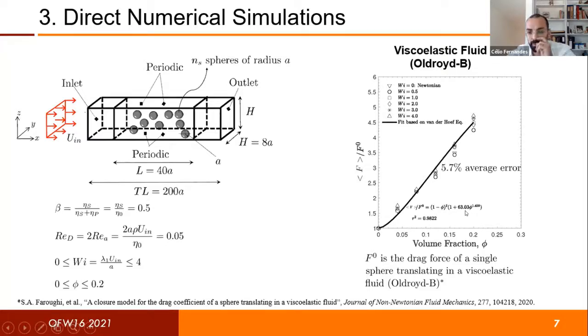So the next step was to implement this drag model, which works for viscoelastic fluids, in an Eulerian-Lagrangian solver in OpenFOAM, which will permit us to do the simulation of particle-laden fluids with viscoelastic fluids and with a large amount of particles.